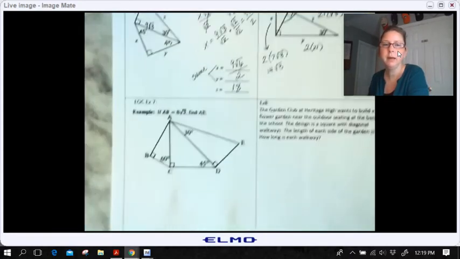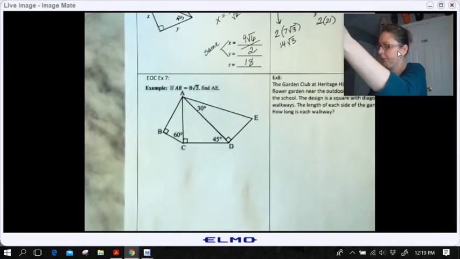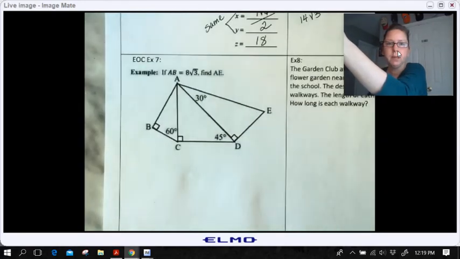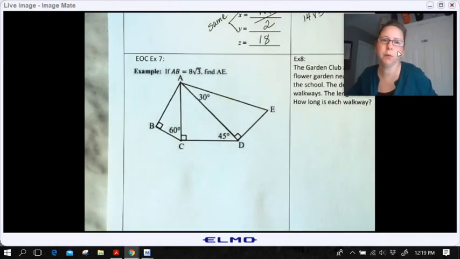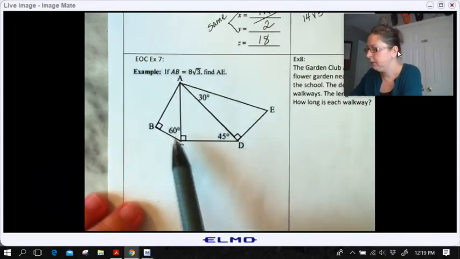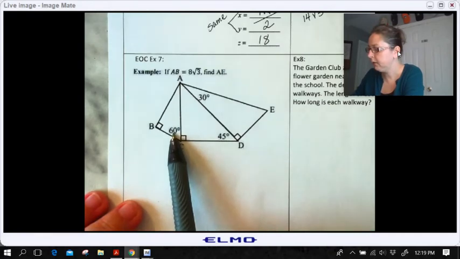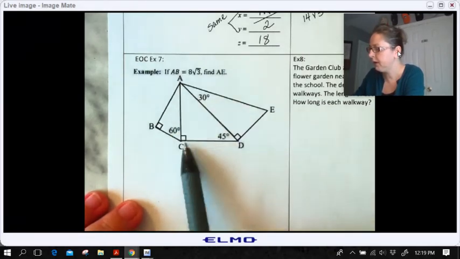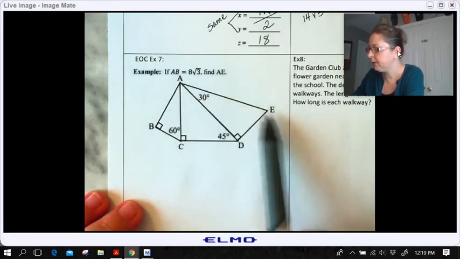Let's take a look at an EOC example. And this is a hot mess right here. Okay, I have 3 different right triangles. This is a 60, 30, 90. This is a 45, 45, 90. And this is another 30, 60, 90.